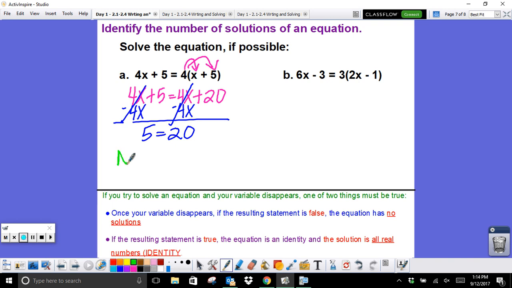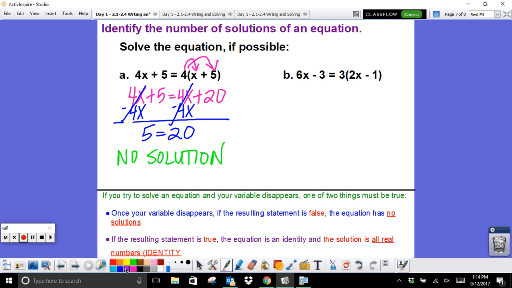So in this case, this would be no solution. You need to actually write no solution. You can't say that x is 0, because x isn't 0. If x equaled 0, you would still see an x there, but we don't. We don't see any x's. So it's no solution. What no solution means is that there's no possible number I could plug in for x here to make this statement true. There's no x's.